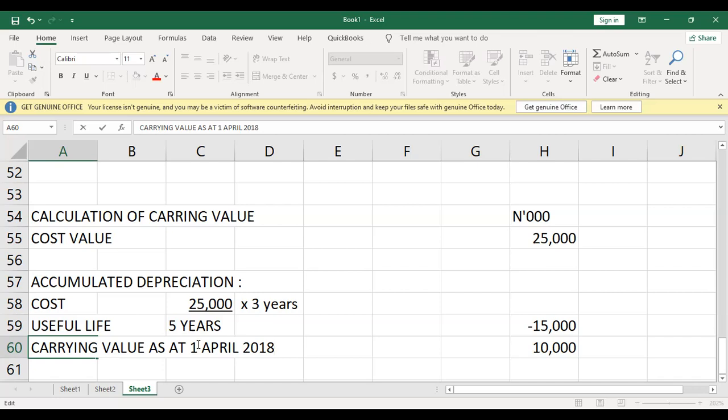We'll now less 6 months depreciation before the upgrading, true or false? Because the upgrading took place on 1st October after the accident.